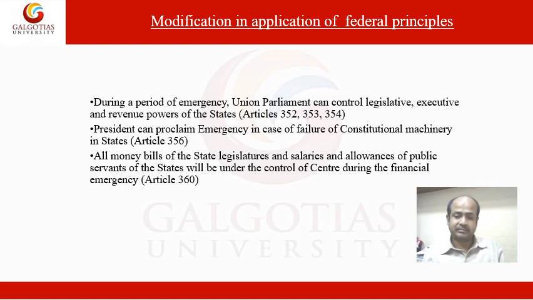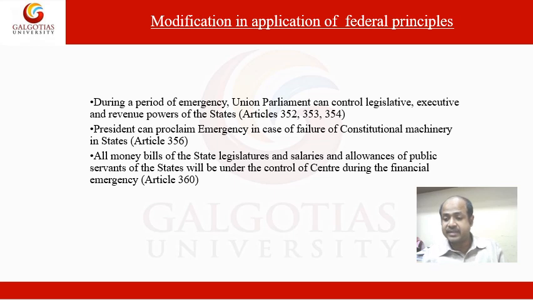And again, you will find Article 360, where all the money matters of the state legislatures and the salaries and allowances of public servants of the state will be under the control of the center during the financial emergency. When we study the emergency chapter, we will see the Indian Constitution has three types of emergency: national emergency, state emergency, and financial emergency.